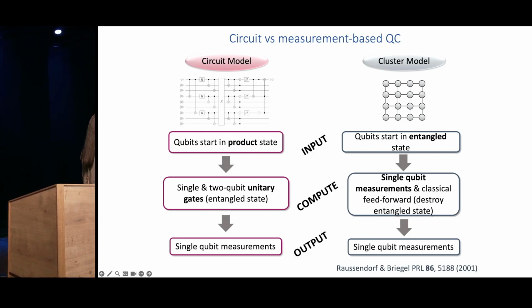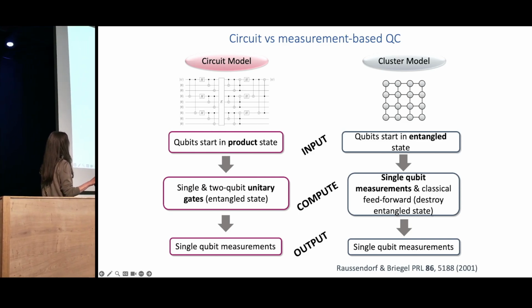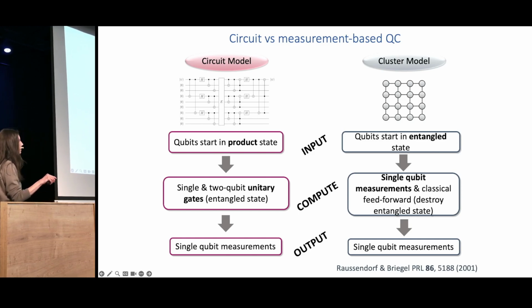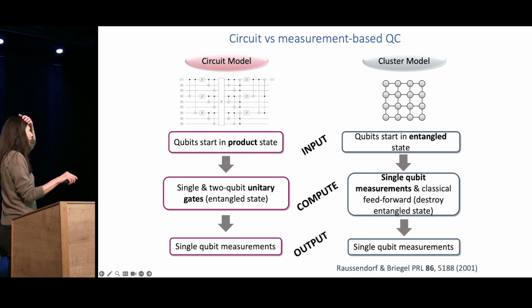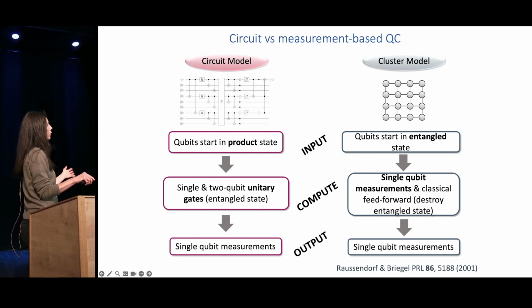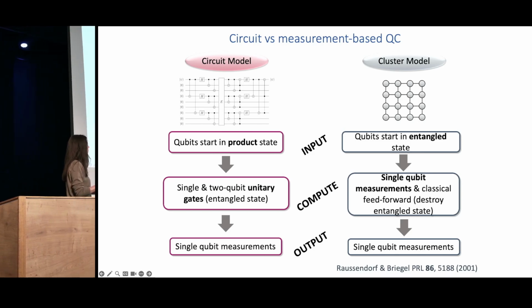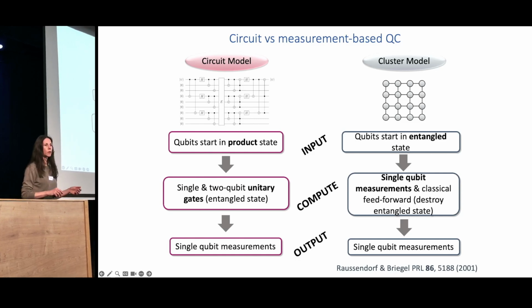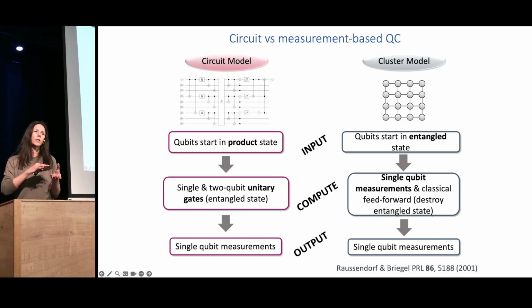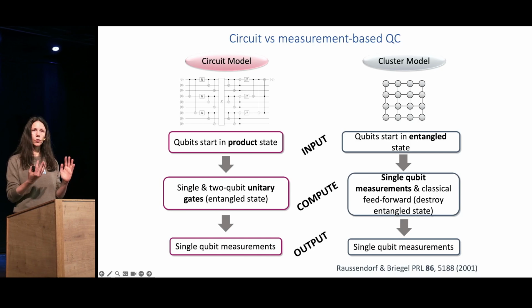Now, in the cluster state model, measurement-based model, all the qubits start in this highly entangled cluster state. And then the computation itself amounts to single-qubit measurements in this feed-forward operation. And again, you end with single-qubit measurements at the very last qubits. So you can think of this as a spatial versus temporal resource.